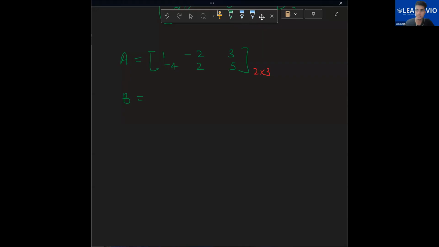You have B matrix 2, 3, 4, 5, 1. What is the order of this matrix? 3 cross 2. When you multiply AB, what should be the order of that AB matrix? 2 cross 2. And when you multiply BA, what is the order of that matrix? 3 cross 3.